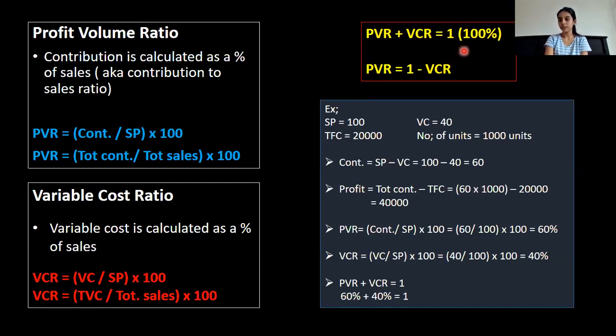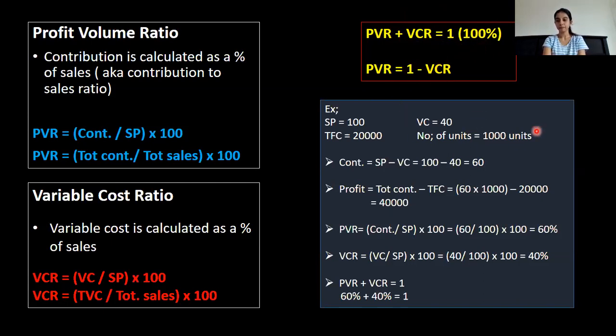That fraction will give you the answer as 1. When we add the numerators, it will be contribution plus variable cost, which will be equal to selling price. In the denominator also you have the selling price. So selling price over selling price, we can take it as 1. So that is the relationship between PVR and VCR. Addition of these two ratios must be equal to 1.